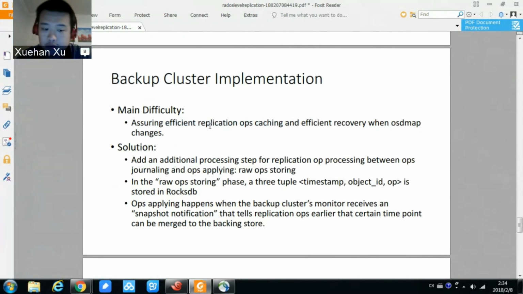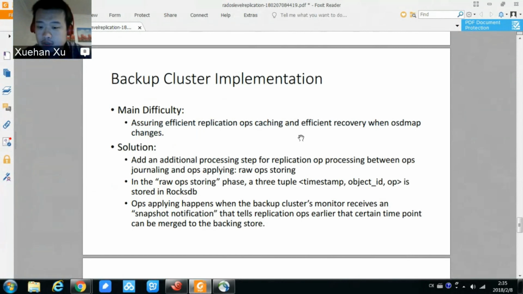To make efficient rep ops caching, we think it could be simple. We just append replication ops to the replication ops cache. Then this procedure should be very efficient.